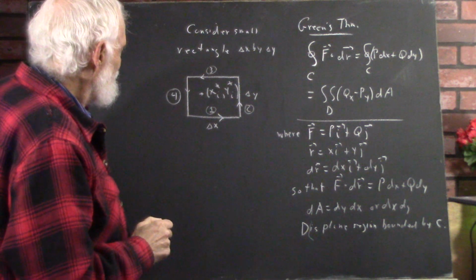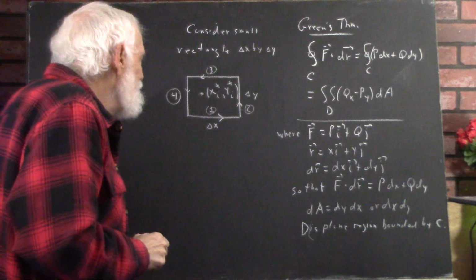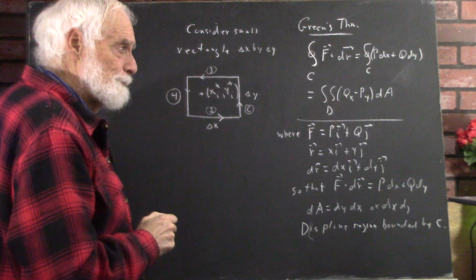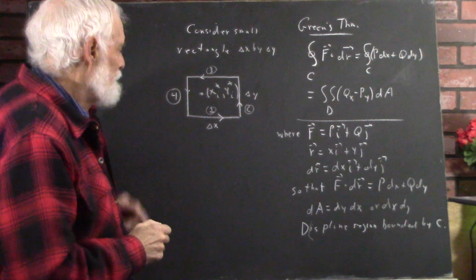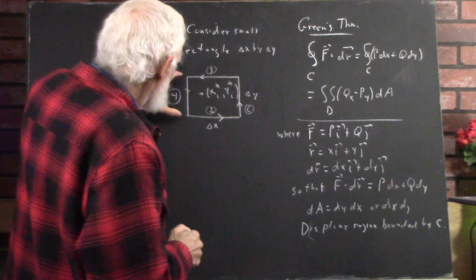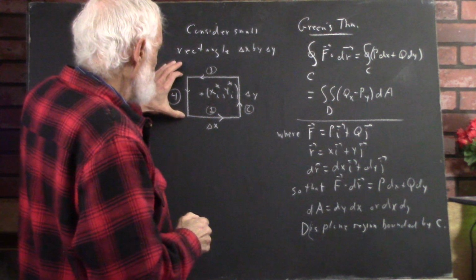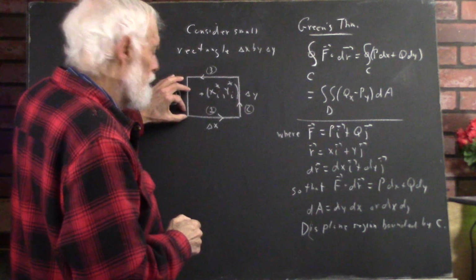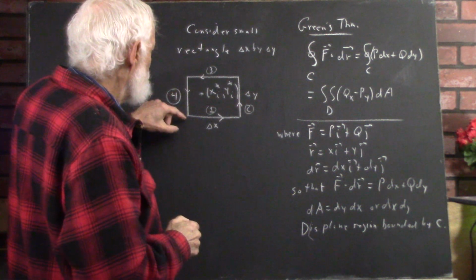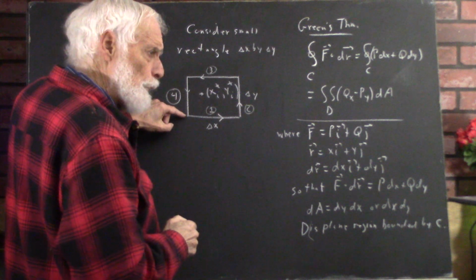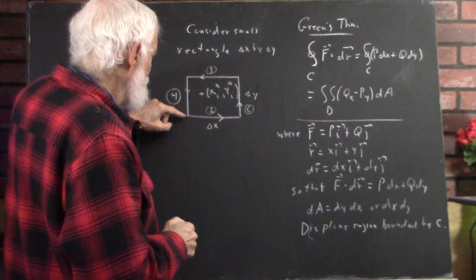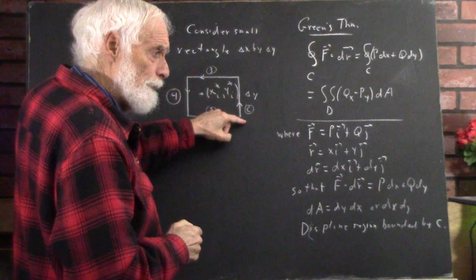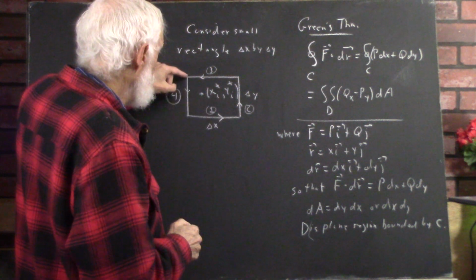And the key is going to be that if this increment, if delta y is really, really small, then there's not much difference between the integral from here to here and the integral from here to here.